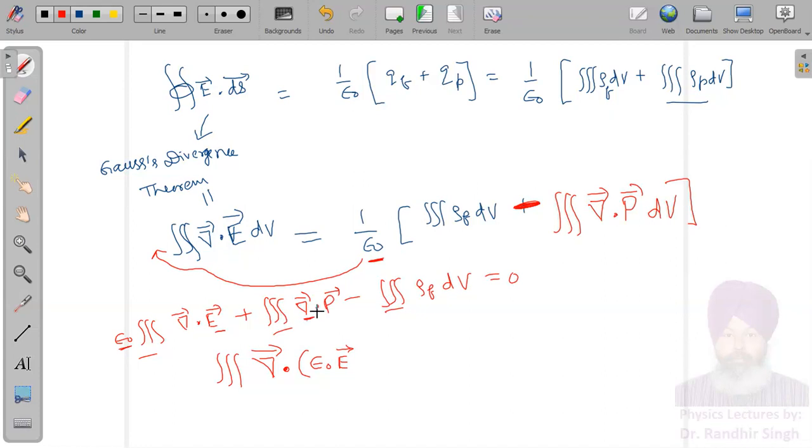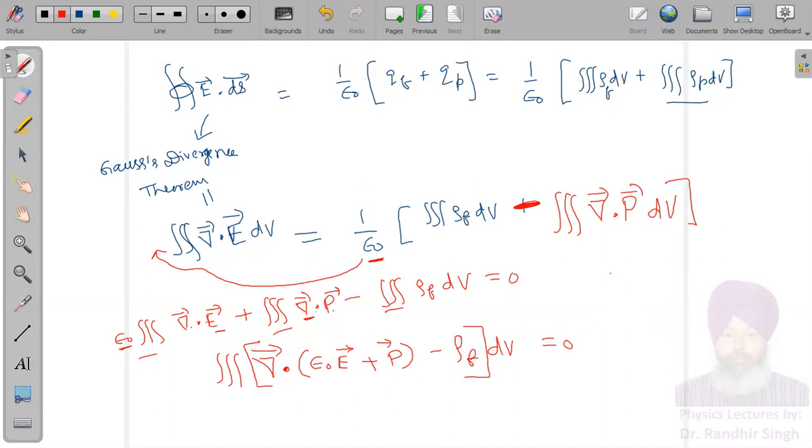Then it will become plus P vector minus rho f and dv, and this will be equal to 0.